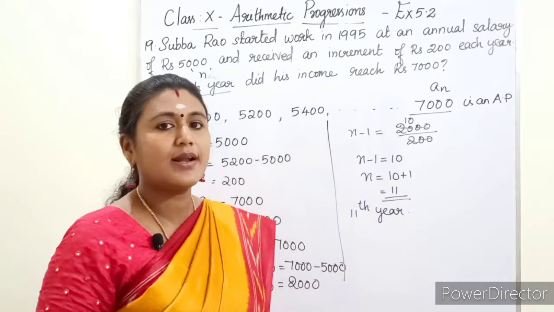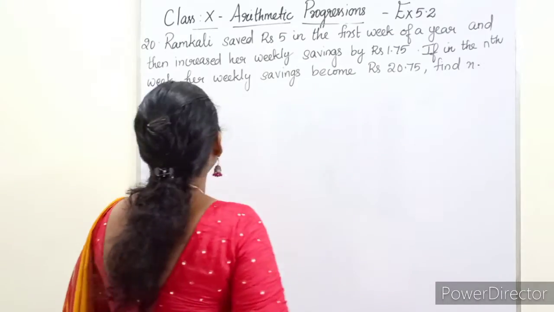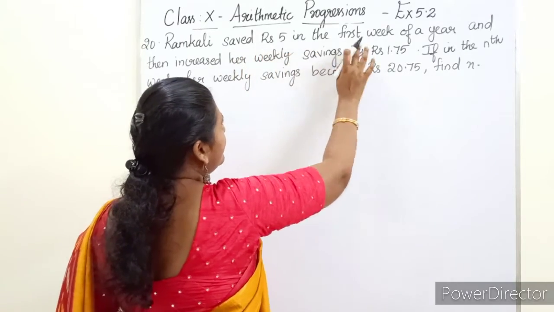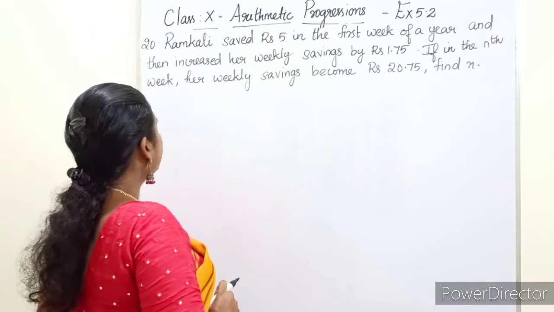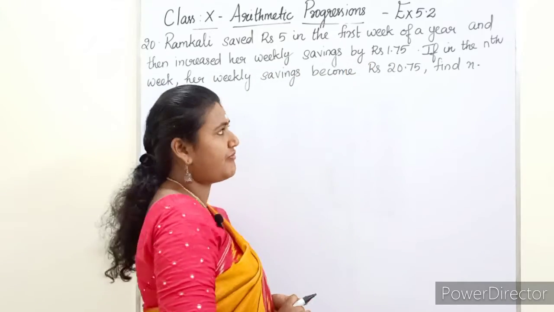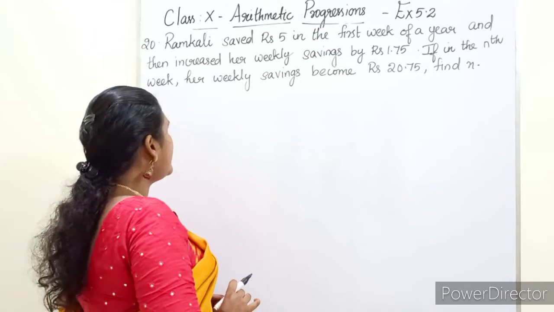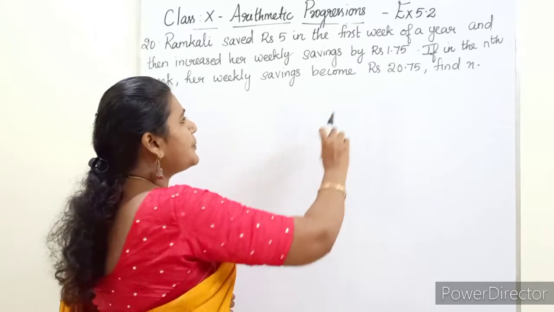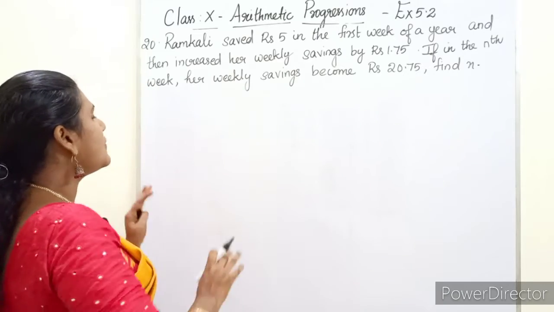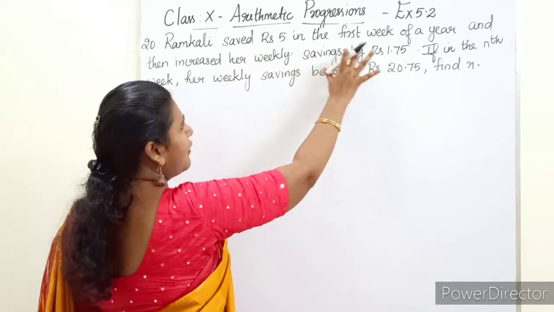Now we will see question number 20. Ramkali saved rupees 5 in the first week of a year and then increased her weekly savings by rupees 1.75. If in the nth week her weekly savings become rupees 20.75, find n. Okay, so we will represent this in the form of an AP.